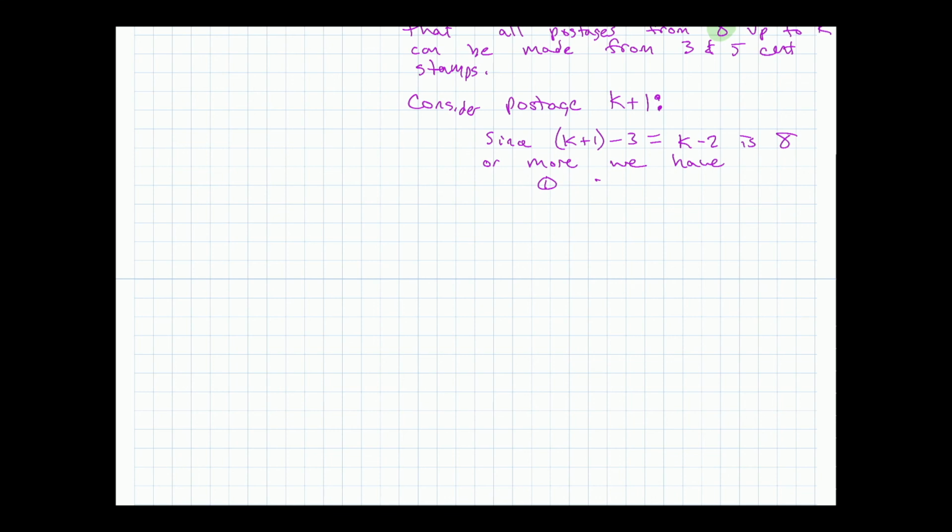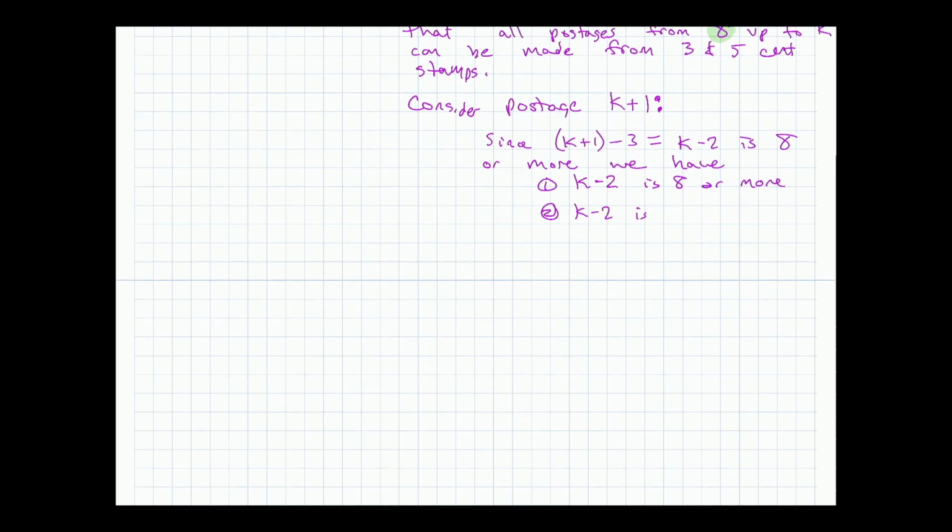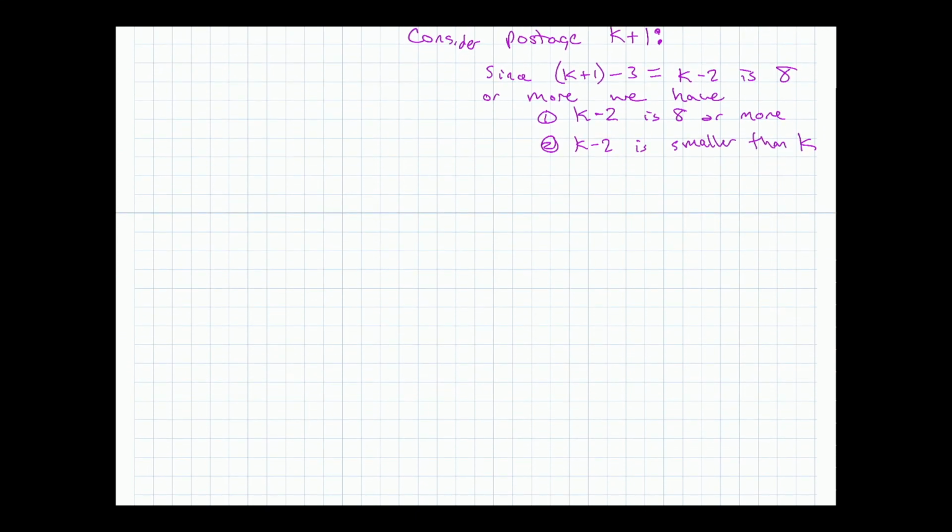K minus 2 is 8 or more. And also, K minus 2 is smaller than K, obviously, because it's minus 2. So if it's 8 or more and smaller than K, then the induction hypothesis says you can make postage K minus 2.